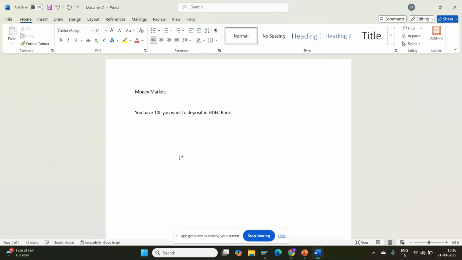See, for example, we can take this example. I have 10 lakhs, the deposit duration is 10 years, and the interest rate is 5 percent. Now assume you deposited 10 lakhs in HDFC Bank on 1st September 2025.